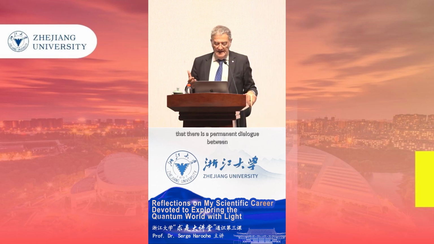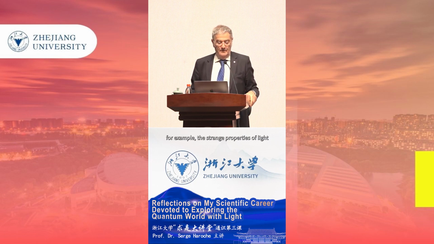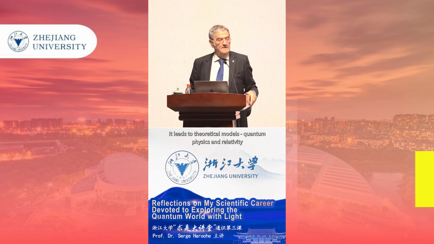There is a permanent dialogue between basic science and instruments and applications. Everything starts with the observation of nature, for example, the strange properties of light. It leads to theoretical models, quantum physics and relativity.